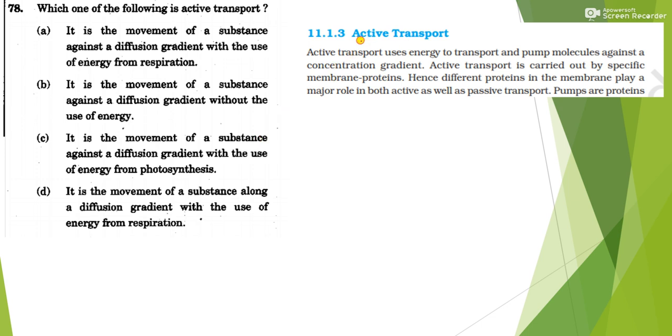By active transport we mean it uses energy to transport and pump molecules against a concentration gradient, and this energy is of respiration. So there are two keys, respiration and against a gradient. So it is movement of a substance against a diffusion gradient with use of energy of respiration. This is the true option.